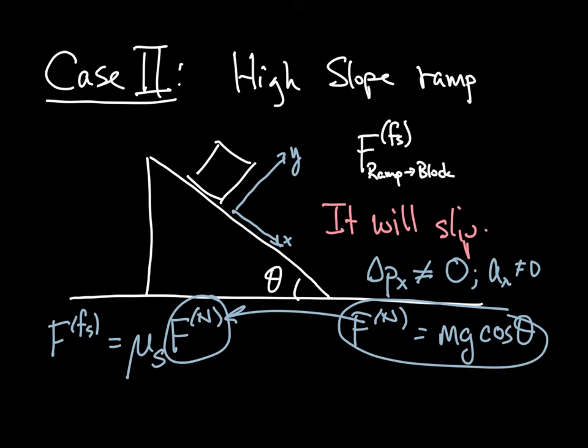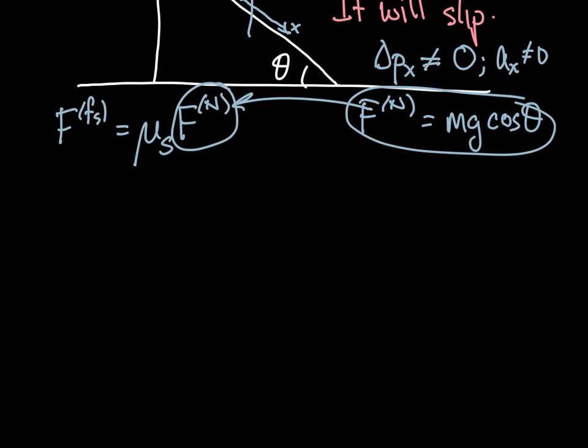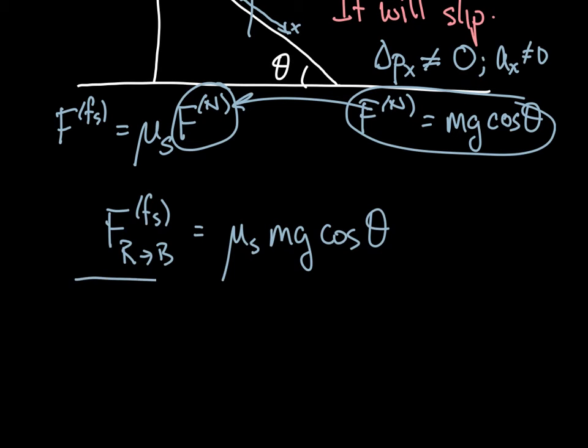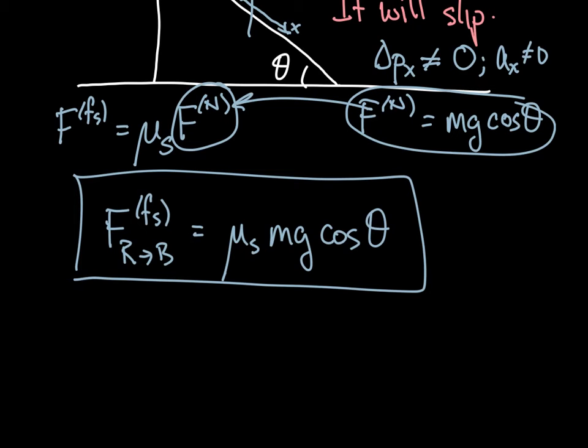We can then write that the force of static friction that the ramp is exerting on the block is equal to mu sub s mg cosine theta. So this is our other result.